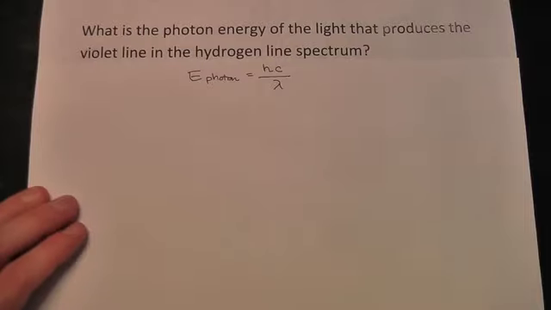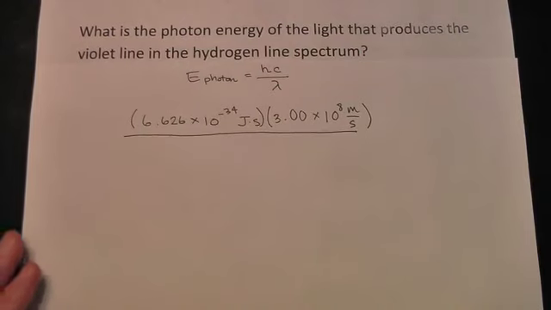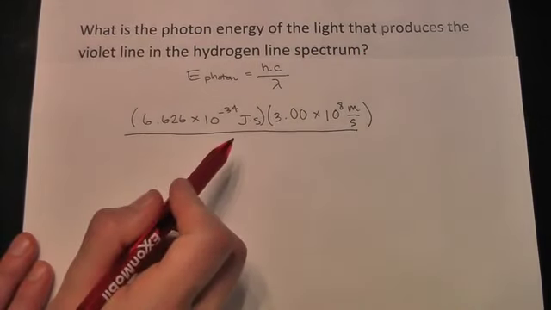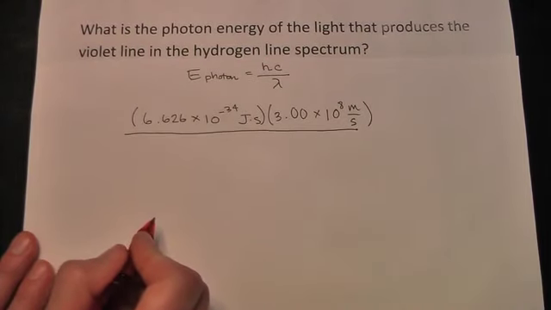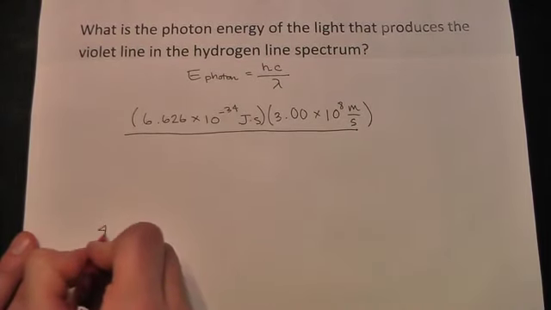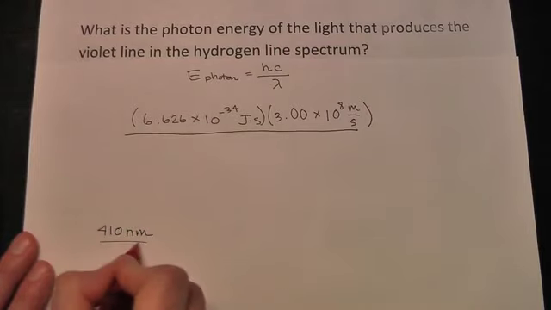Back to the problem. I've written down my equation right here. Let's first put in the information that I do know. I know Planck's constant. I also know the speed of light. And we have the wavelength. I like to change it into meters and then put it in the equation. So I'm going to do that problem just right here as a little mini separate problem. 410 nanometers.